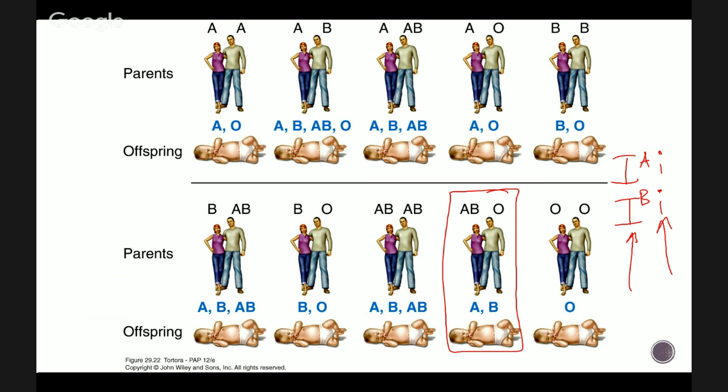If you know your blood type and the blood type of the partner that you had children with, you can approximate, depending on your blood types. If it's A and B, well, then you know it could be anything. It all depends. All right, so that's multiple alleles. You can take two parents who have type A and type B, but A and B can be expressed in multiple ways.